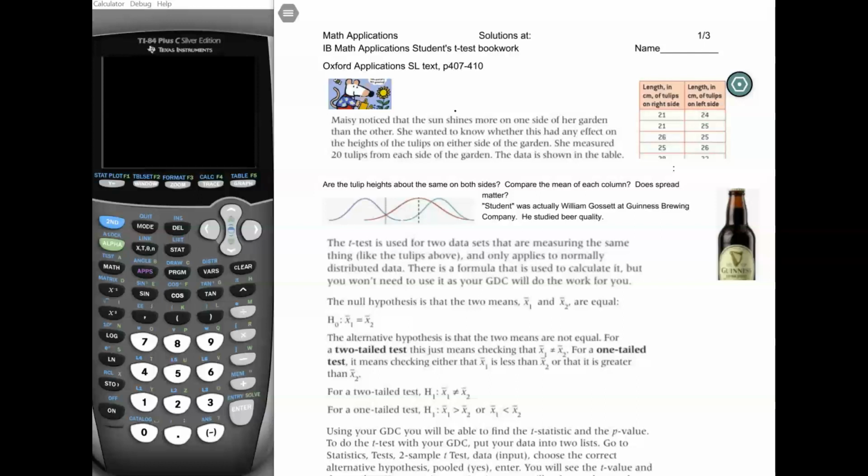Okay, so what we're usually trying to do is figure out if the 2 populations have the same mean, if they're centered at the same place. Your data, if you do the mean of this and you do the mean of this, you're not going to get the same mean. They might be close, but just because they're off by 1.2 centimeters doesn't mean that if you didn't have enough samples you would eventually have the same mean, right?